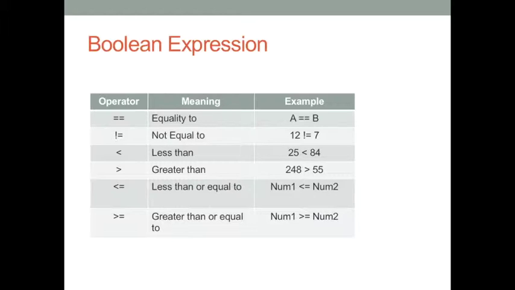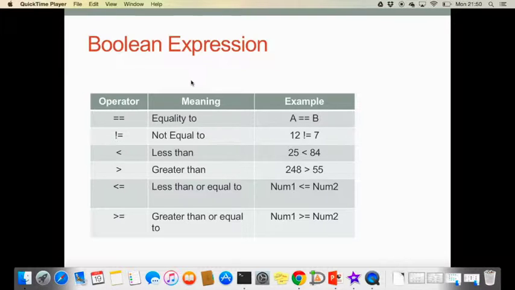No, and it's not equal to 21. That statement is false because 83 is not less than or equal to 21. If we use the same numbers, 83 is greater than or equal to 21. Yes, that's true because 83 is greater than 21. So very simple, nothing new in terms of the comparisons that we're going to make.